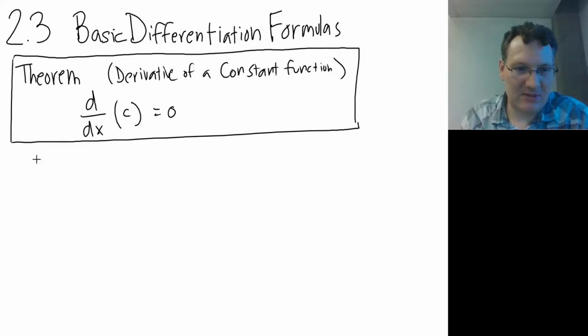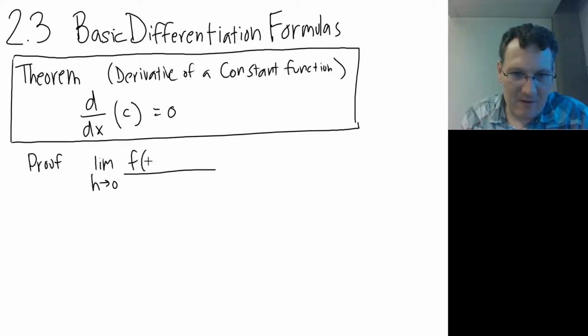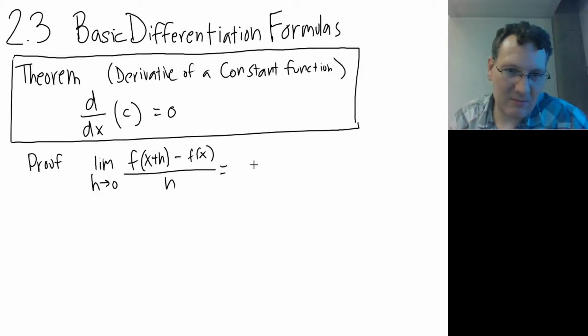And to establish that, let's just look at a simple proof. Let's define the limit as h goes to 0 of f of x plus h minus f of x, all over h. But since f of x plus h is a constant function, it's always c, right?